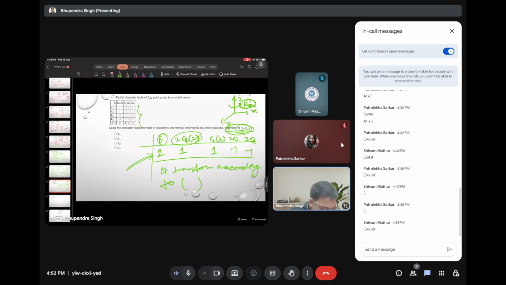Here we have only half the character table. Here we have written x, y, z, Rz, x squared plus y squared, x squared minus y squared: quadratic terms, linear terms, rotational terms. So RZ belongs where? Yes, it is A2. Done.